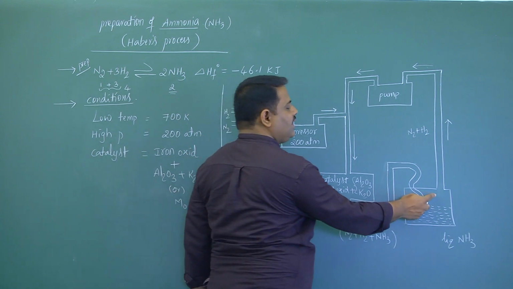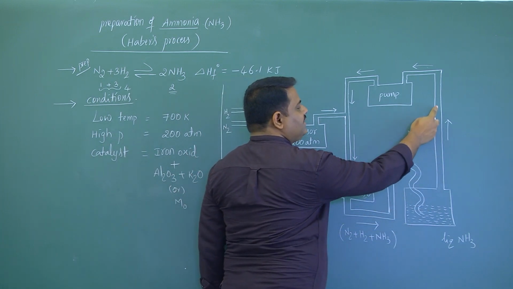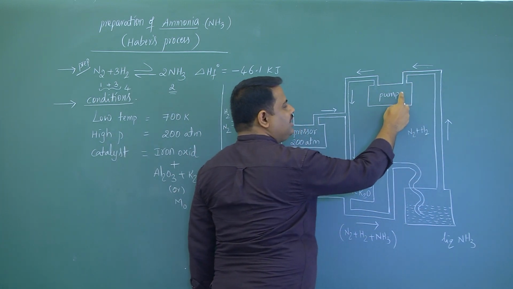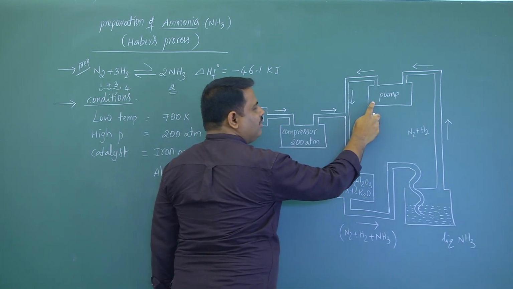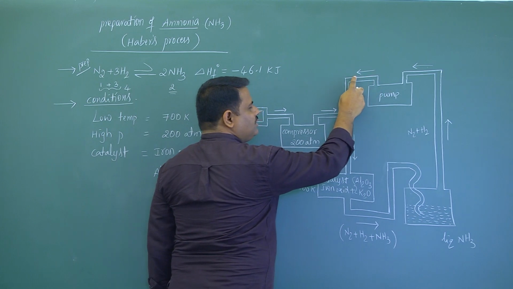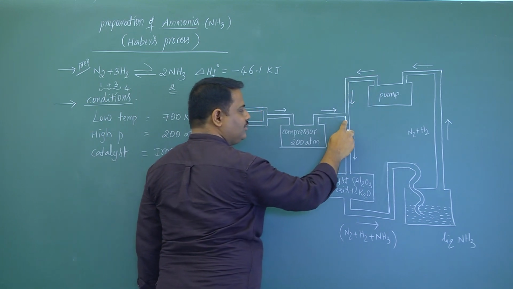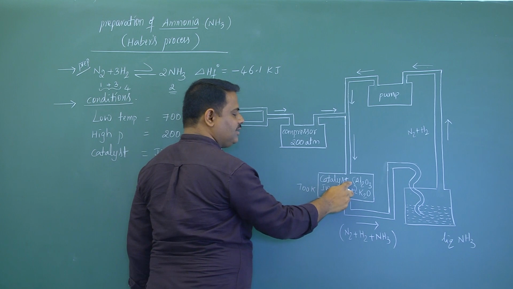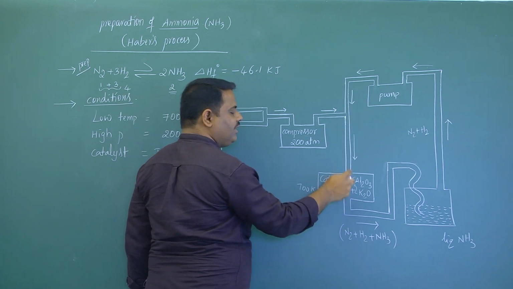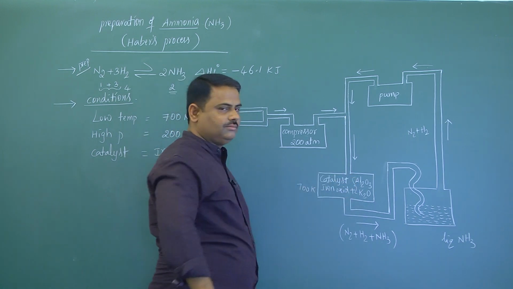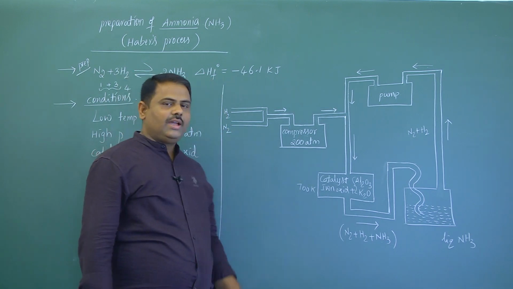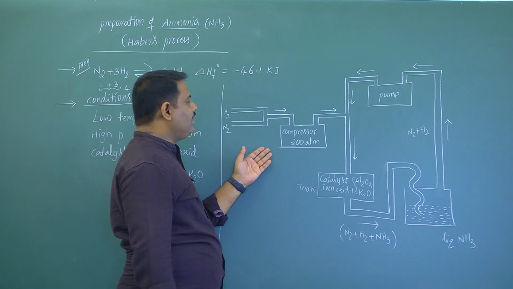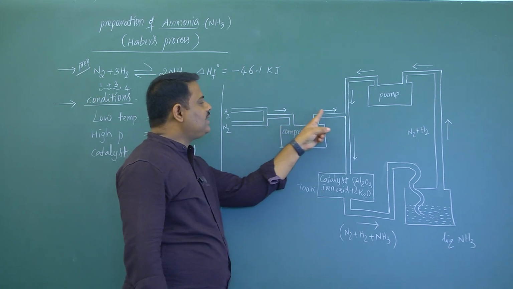These unreacted nitrogen and hydrogen gases are once again passed into a pump. By using this pump, once again we are passing nitrogen and hydrogen gases into this catalytic chamber where we can get ammonia once again. Now while drawing this diagram, always you have to remember what these directions are.